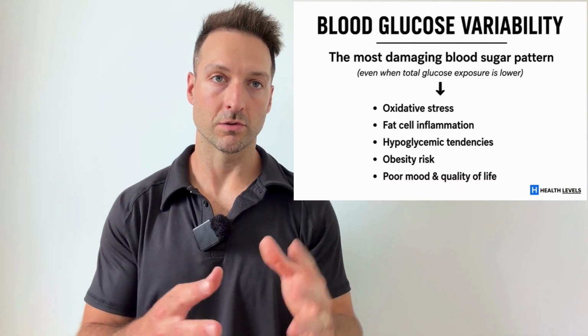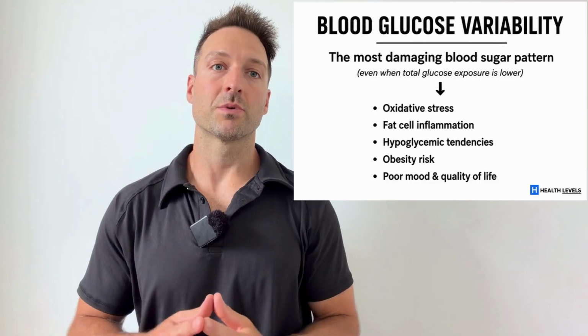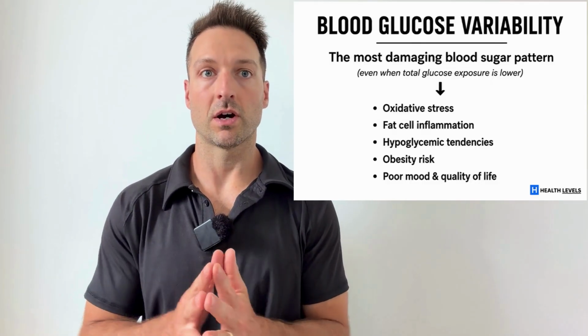In comparison, what you do not want is the brand new roller coaster that has these great big peaks and great big valleys, and they have lots of them. So that would be blood glucose variability, that new roller coaster, and that is what you absolutely do not want.